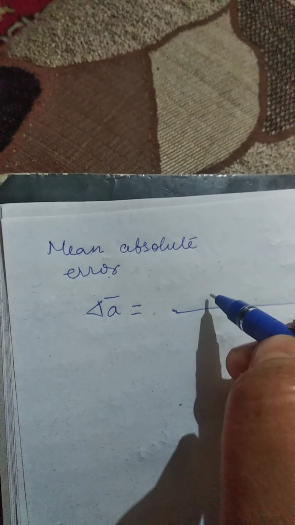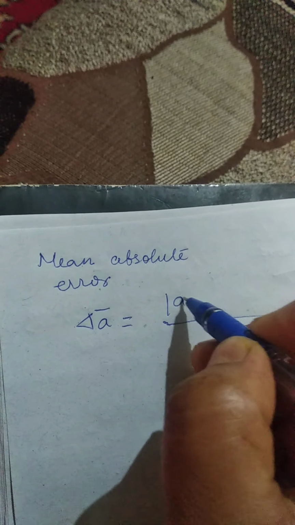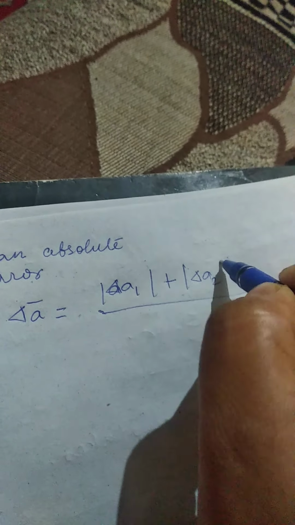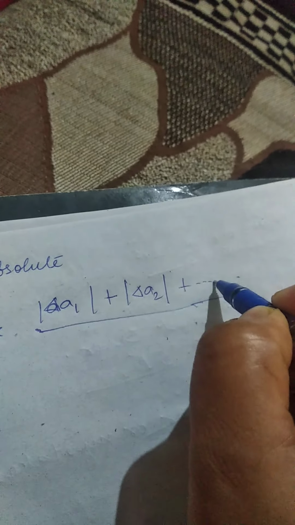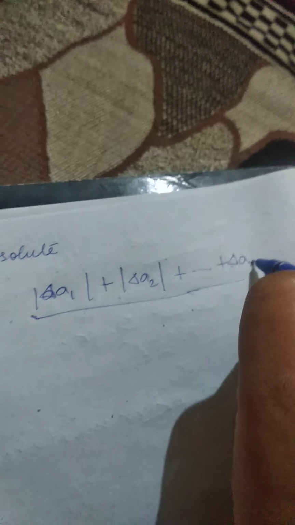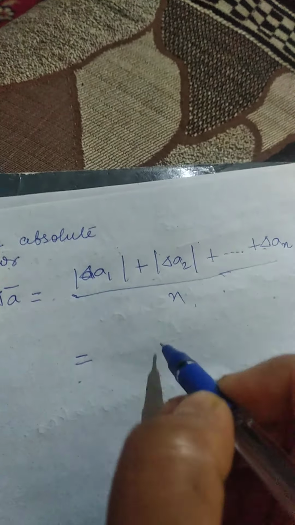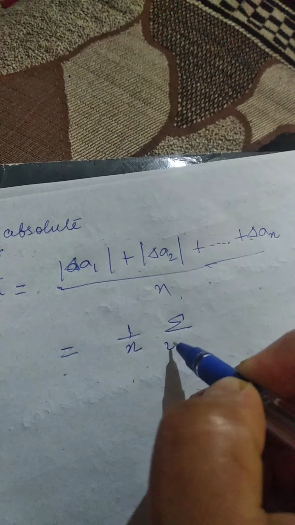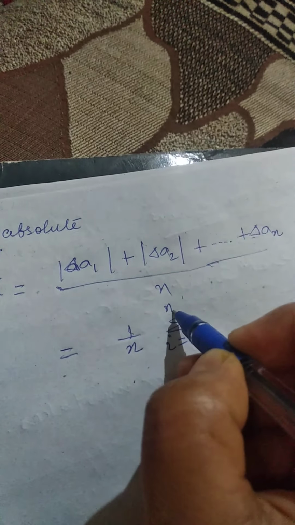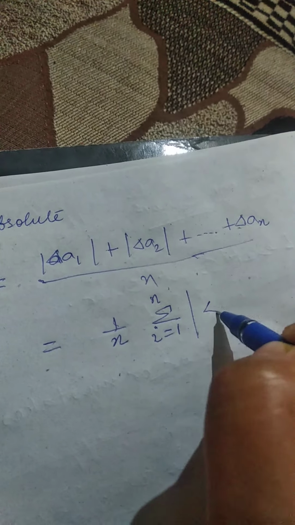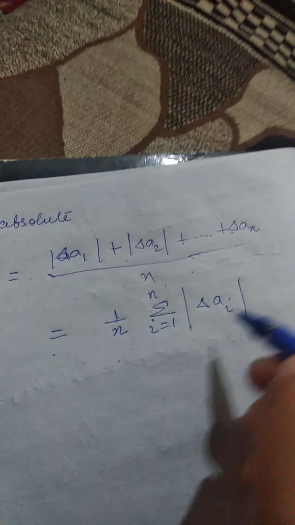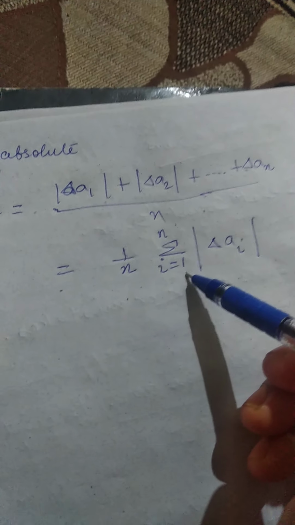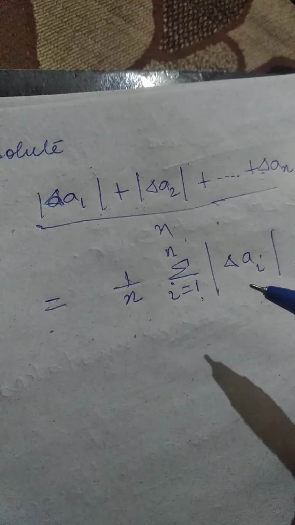If you have taken n absolute errors, then delta A1 plus delta A2 plus dot dot dot plus delta An, divided by n, that is equal to 1 by n summation of i equal to 1 to n of the absolute value of delta Ai. That means you will take all the values and take their sum. So this will give you the mean.